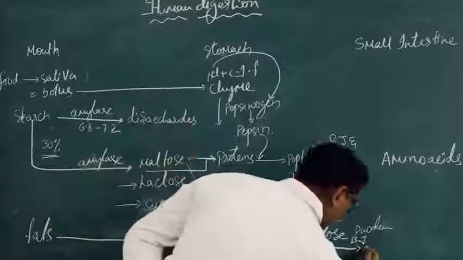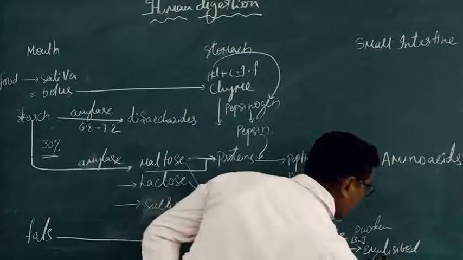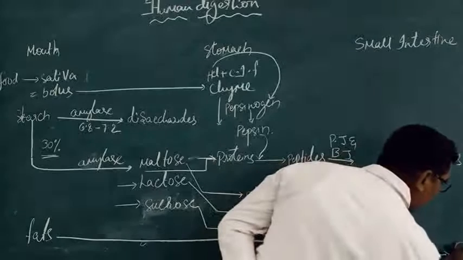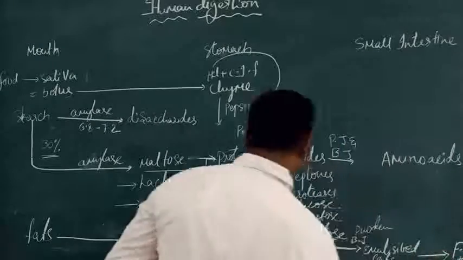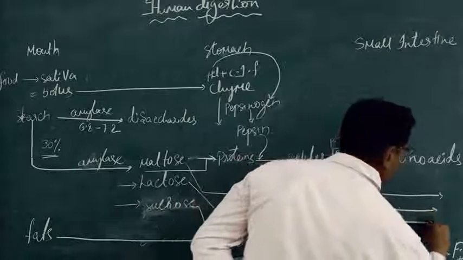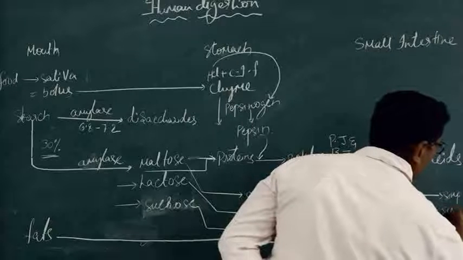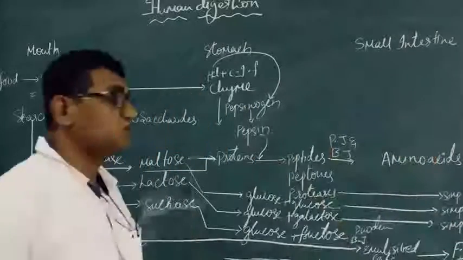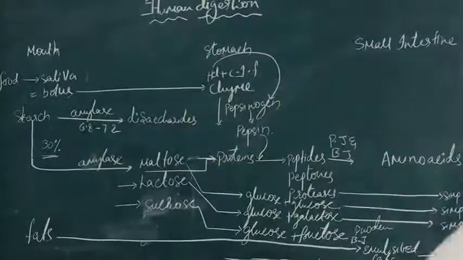Now they are converted into emulsified fats, and these emulsified fats are converted to fatty acids plus glycerol, and the glucose on further degradation is converted into simple sugars and absorbed into the blood. So try to understand this.